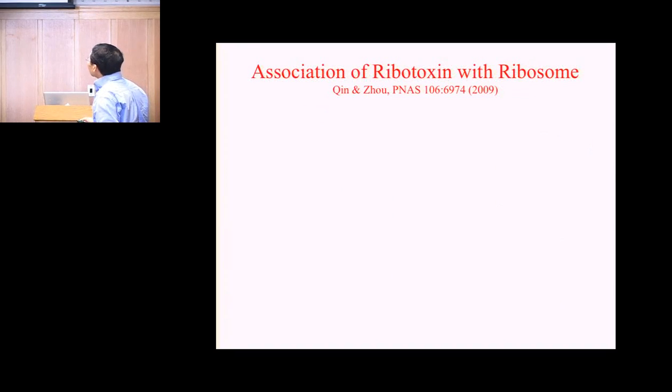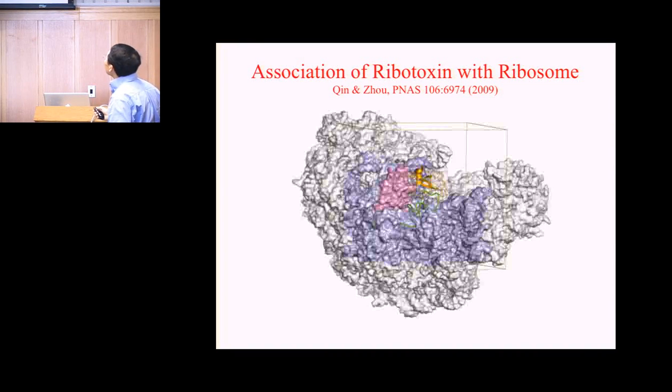All right. So the first example I'm going to show you is the binding of a toxic enzyme that targets the whole ribosome.